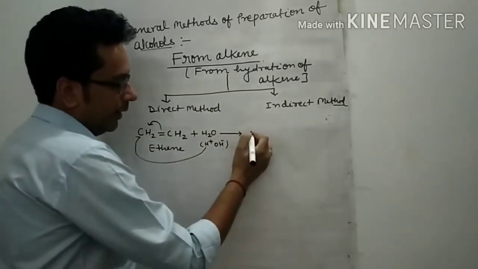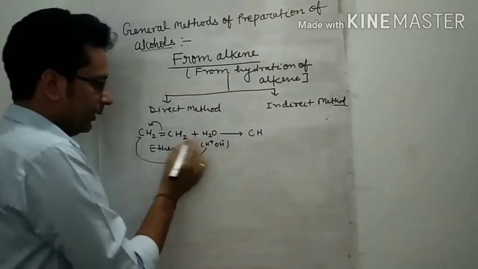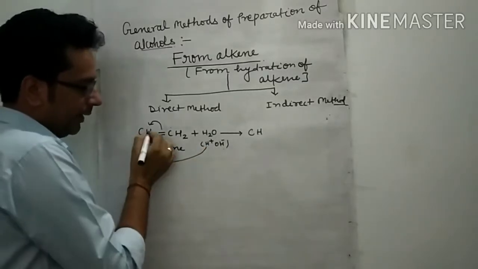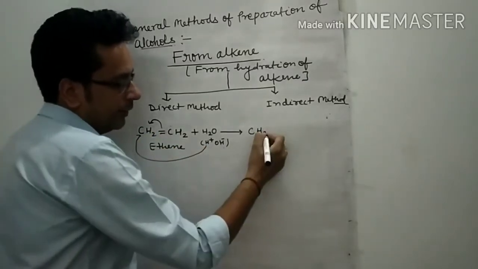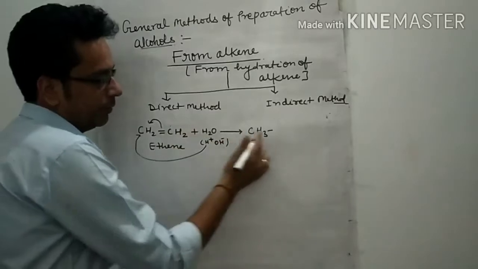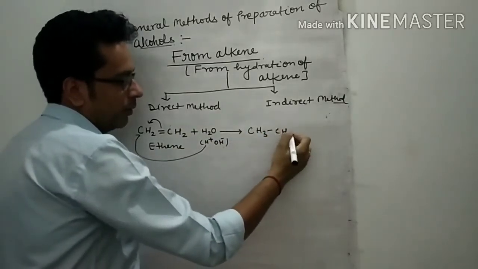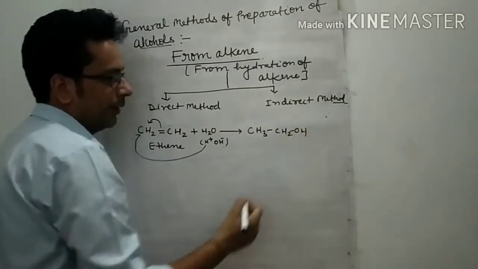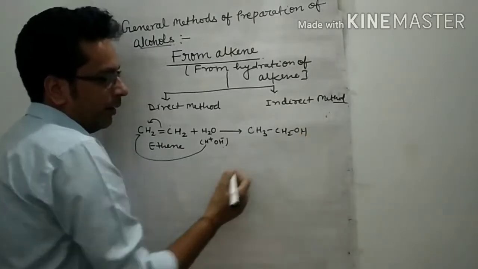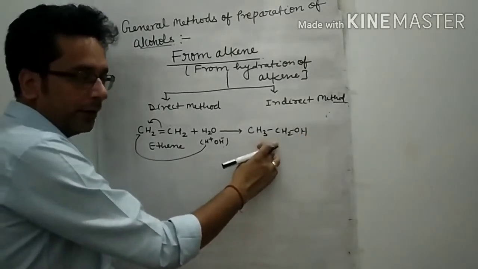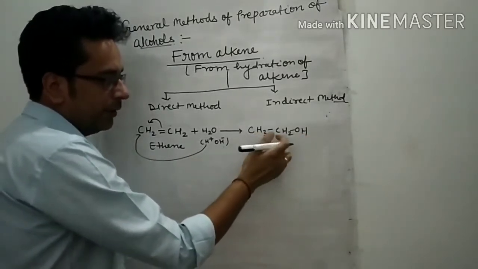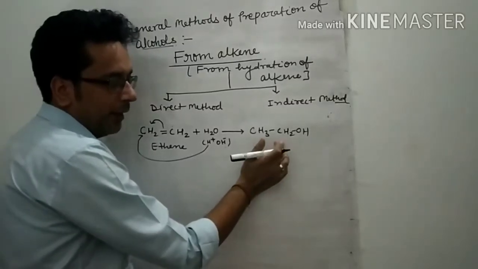So what is the product? The product is CH3 CH2 OH, one hydrogen attacks on this carbon, giving CH3. So there is formation of alcohol, and this type of alcohol is a primary alcohol.